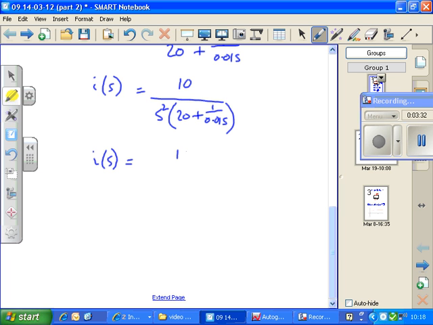I(S) equals 10 over 20 S squared plus S over 0.01 S squared, so S over 0.01, and S at the top, effectively. What might you do about this part here? 1 over 0.01.